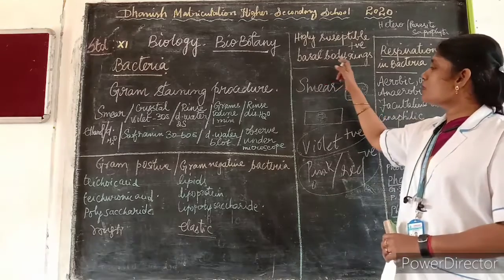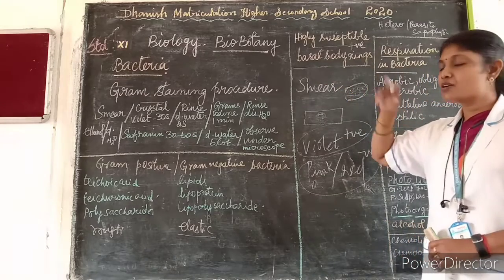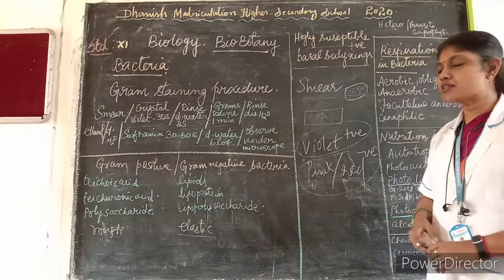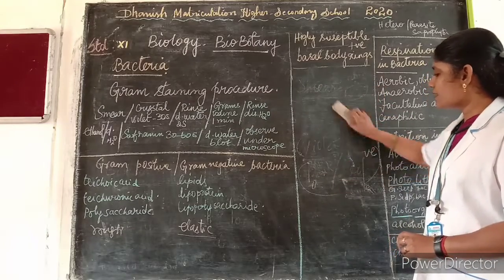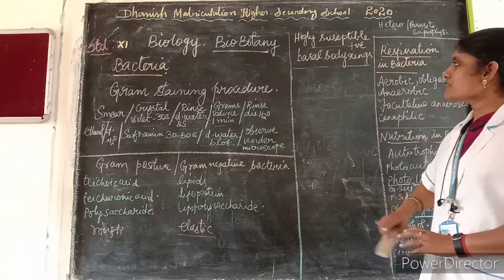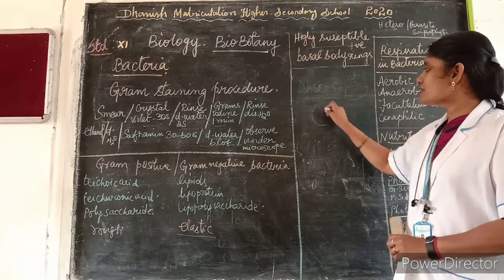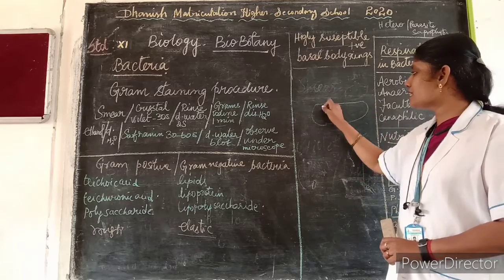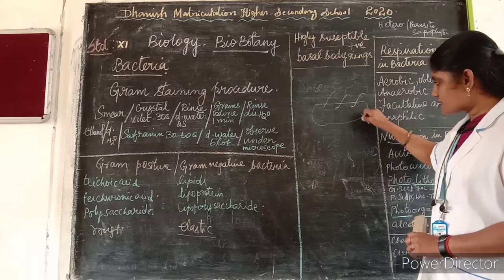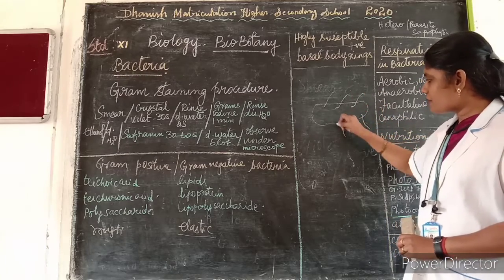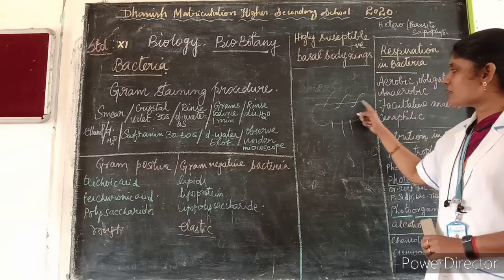Then the basal body rings. You should understand the term basal body rings to understand the difference between positive and negative bacteria. Basal body is nothing but the structure from where the flagella arise. It is not from the outermost layer of the cell wall.